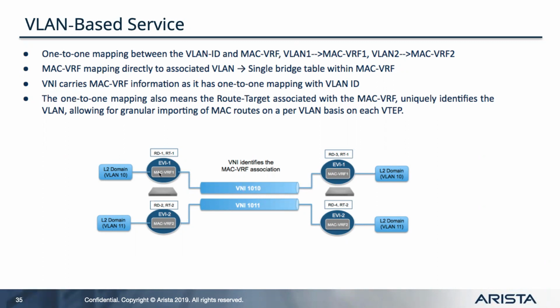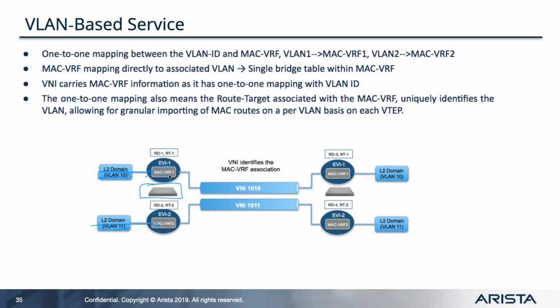Okay, so this is your one VTEP, right? You have one host which is connected here in VLAN 11, and another host in VLAN 10. So you have two VLANs connected to this VTEP. What you do is, for each VLAN, you are creating a separate MAC VRF, and the same as a separate EVPN instance.